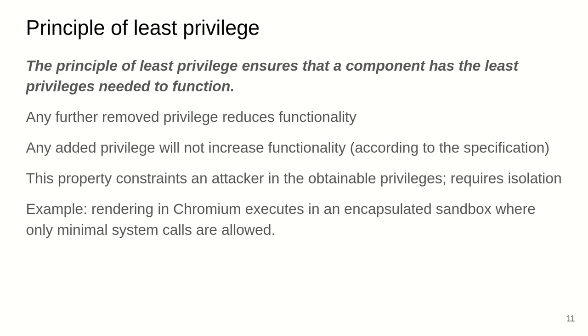For a process running under least privileges, any further removed privilege, so for example, if you would remove an additional system call, would reduce functionality. Any added privilege, on the other hand, will not increase functionality according to the specification. Right? So this property constrains an attacker in the obtainable privileges and requires isolation.